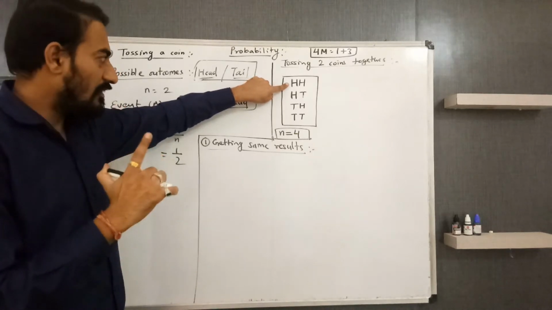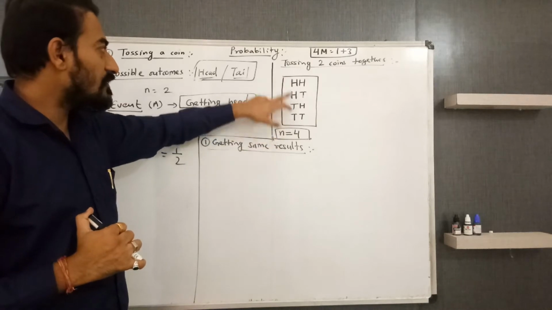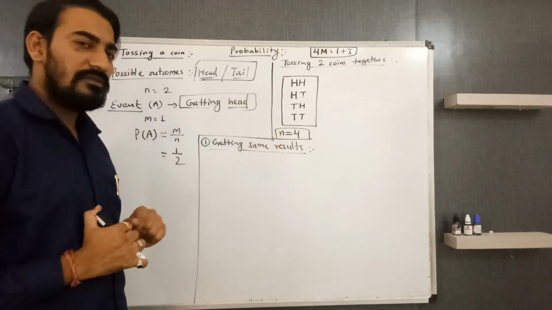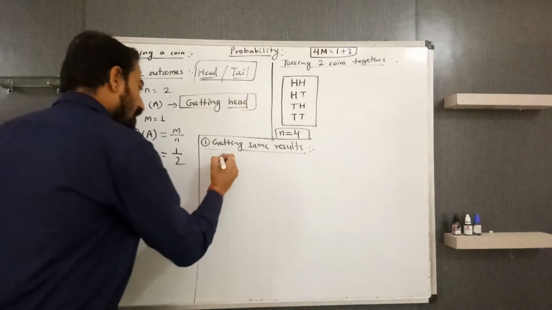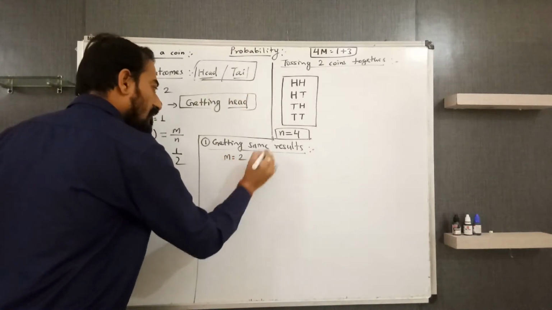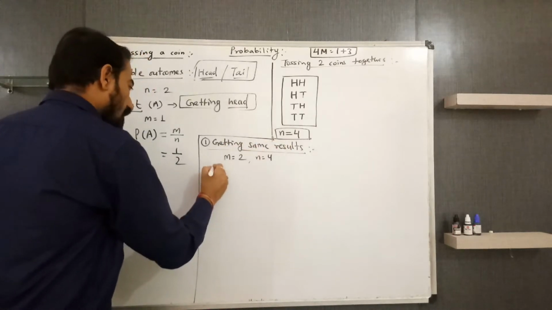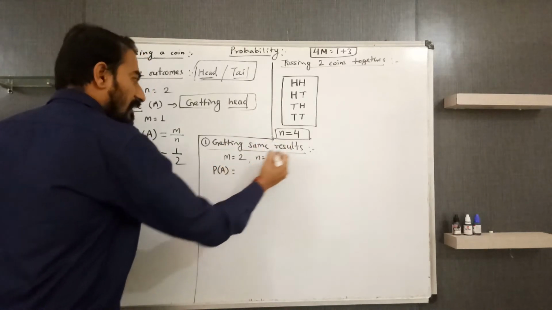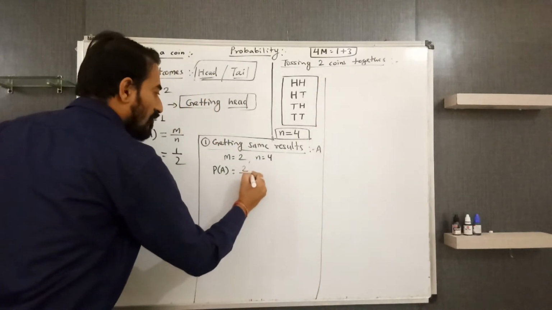Head head, tail tail: in these two outcomes we have the same results, either both heads or both tails. So here m is equal to 2 and n is equal to 4. So the probability of this event, name it event A, will be 2 by 4.